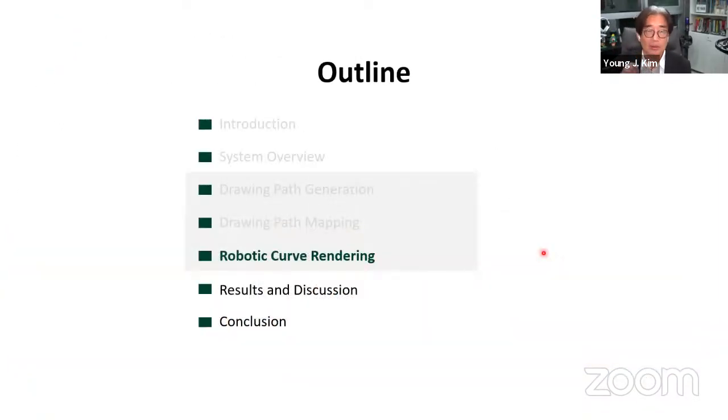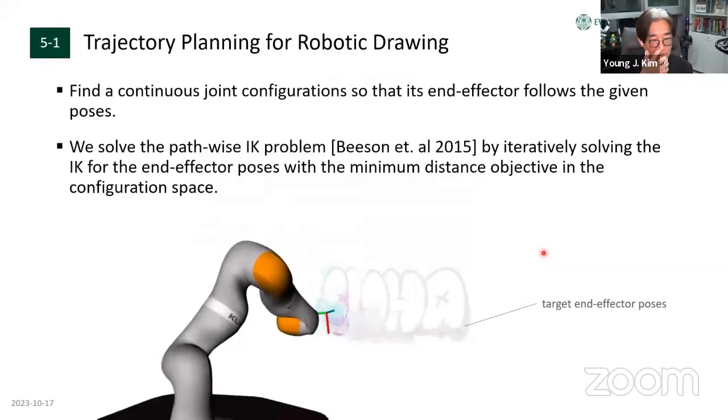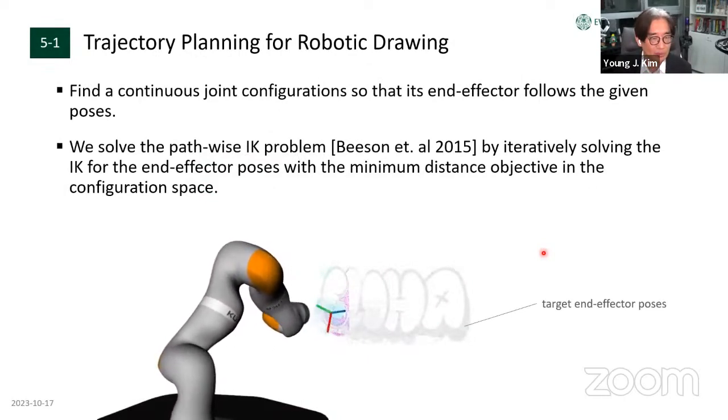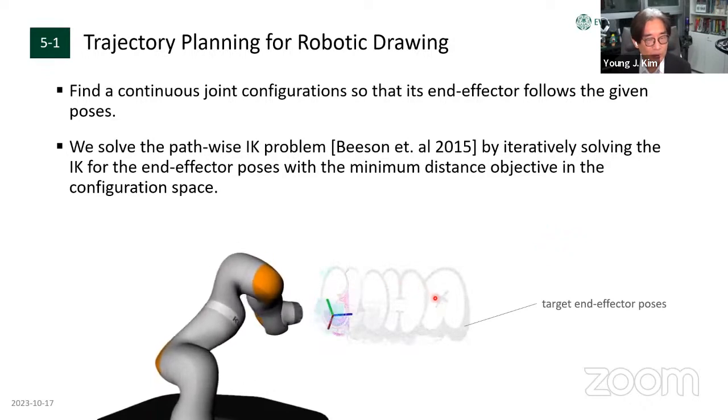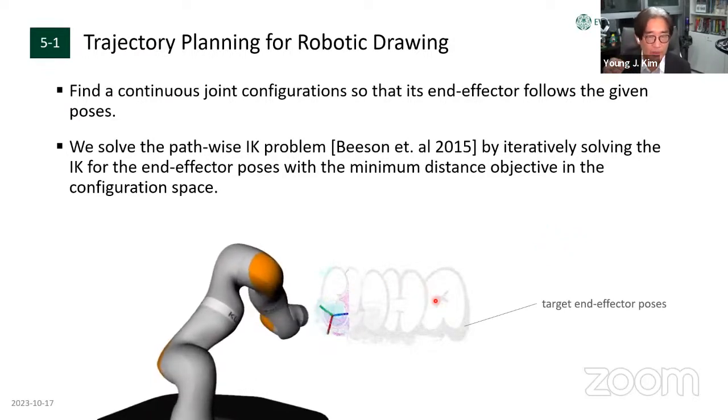Now, up to this point, we are almost ready to draw this pattern on the target surface, but we still have certain issues to realize that drawing using the real robot. So this is a typical trajectory planning problem. Now we know this drawing path in 3D from the texture mapping or conformal mapping.